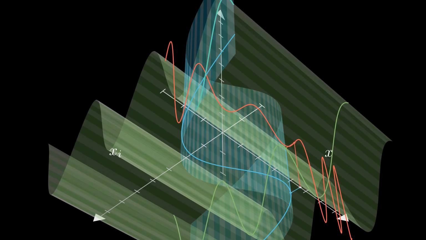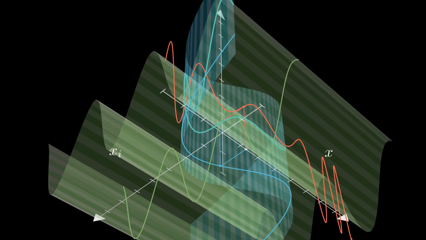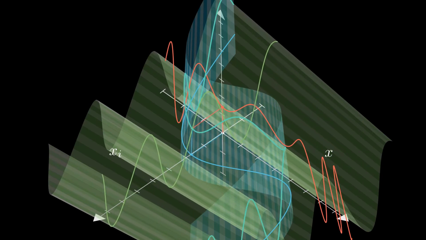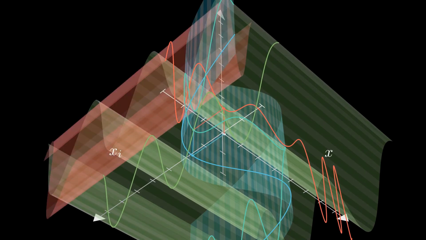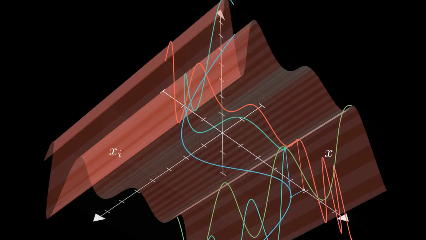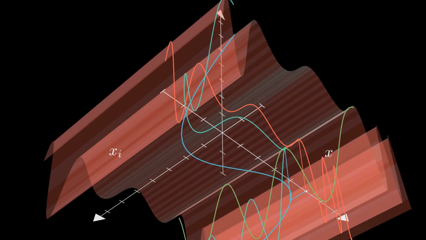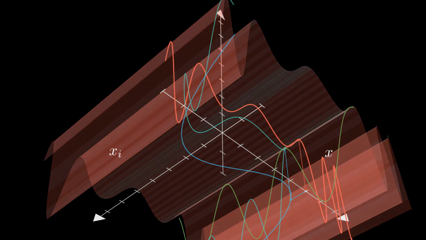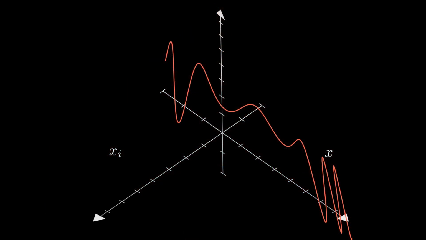Their intersection, traced by the point where the ray meets g, is this curve or 1D manifold in 3D space. The projection of this curve back onto the xy plane creates our composed function g of f of x.